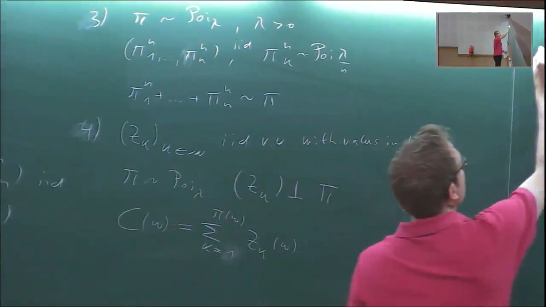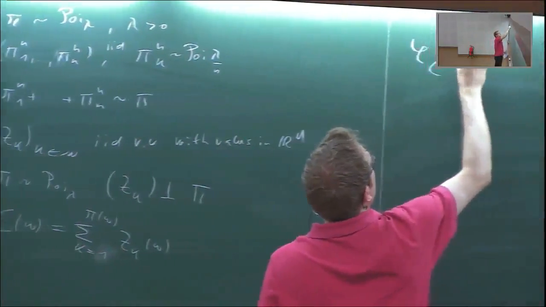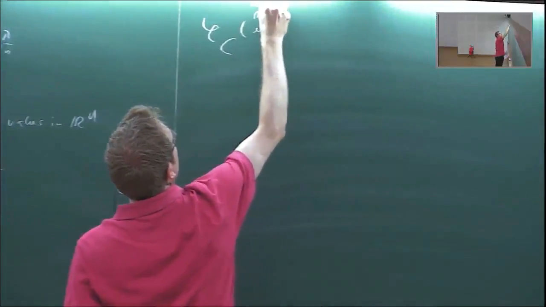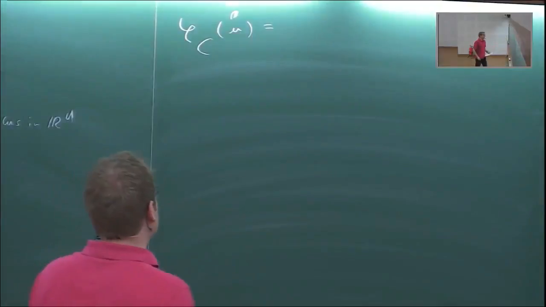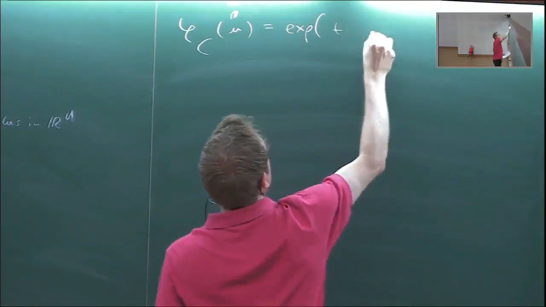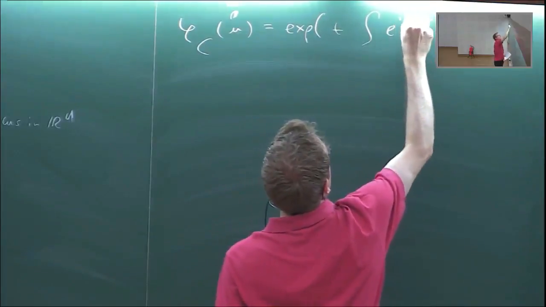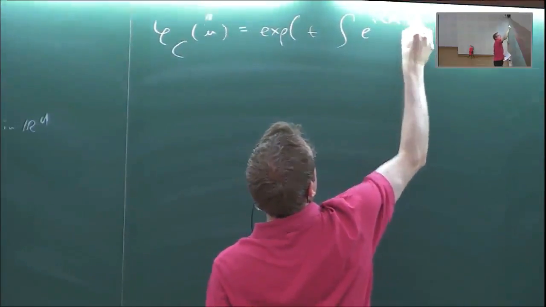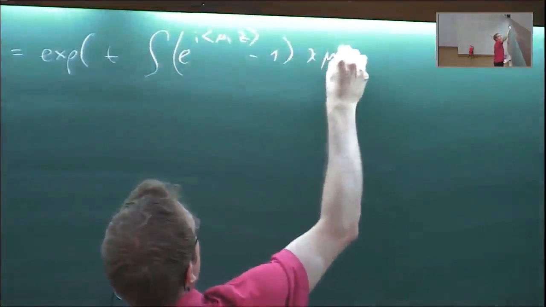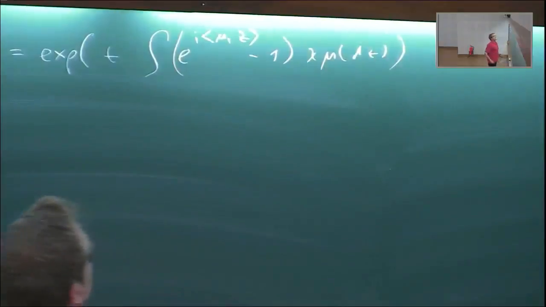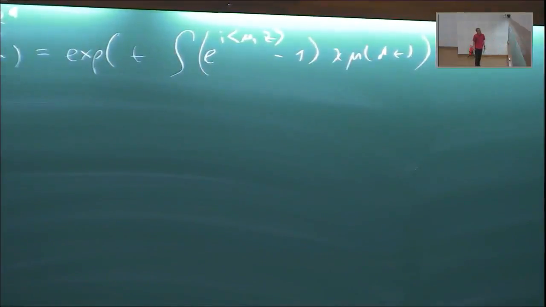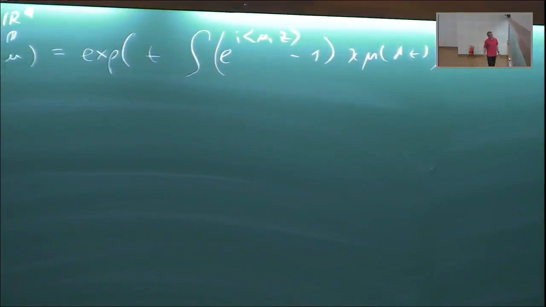I don't want to repeat this, but just to remind you what it was. For u in R^d, we calculated that this has a special shape. This was the exponential of t times the integral of e to the i u zeta minus 1, lambda mu d zeta. This shape is very, very characteristic.